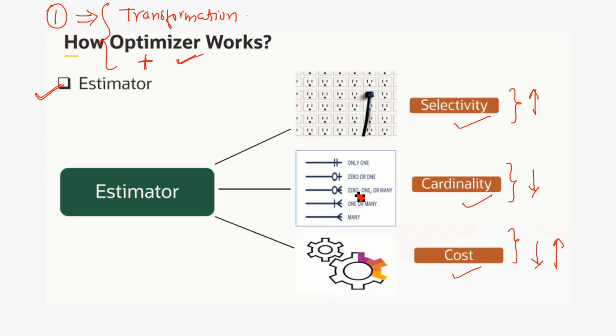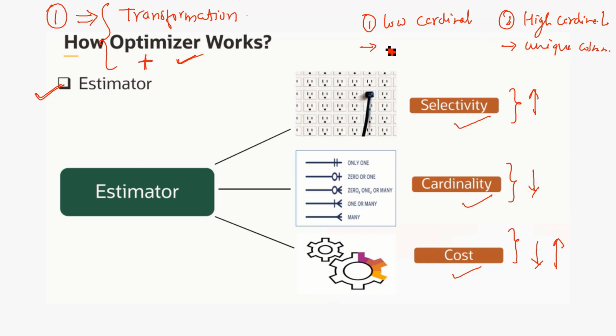Okay, coming to cardinality, what does it mean? There are two values of cardinality. One is low cardinal and number two is high cardinal. High cardinal means you have unique values, unique columns, and low cardinality can be non-unique columns.